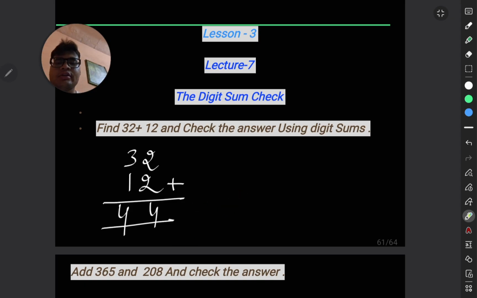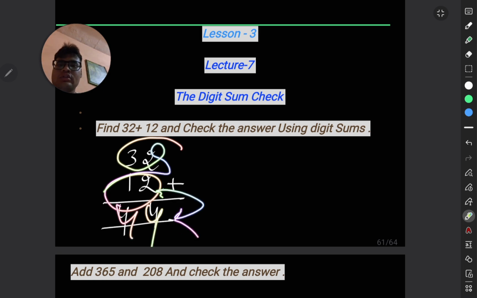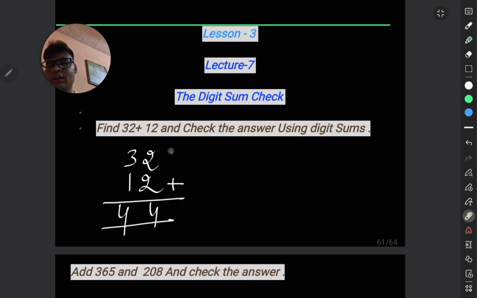We will learn this by this example. The first number is 32 and the second number is 12. By adding these two numbers we get the answer 44. First we find the digit sum of the first number.